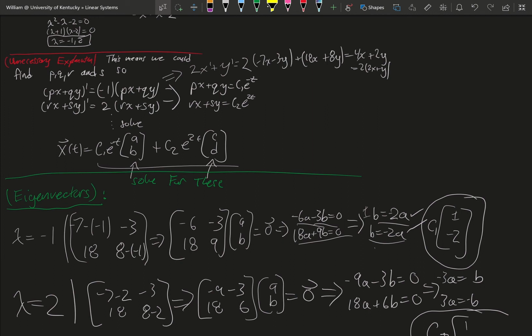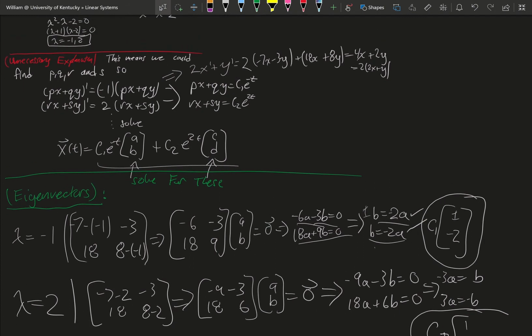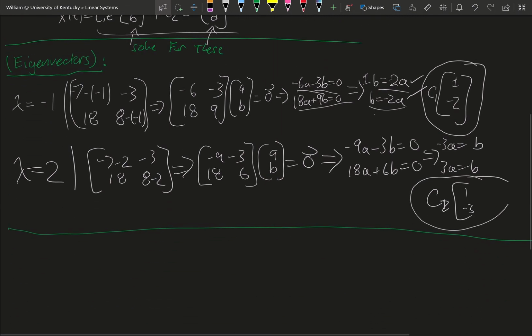Remember, because it has to satisfy the previous equation, and when we take the derivative of this, we just end up with -1 times itself, this needs to be basically our solution for A, B. And so we can write down our answer now.